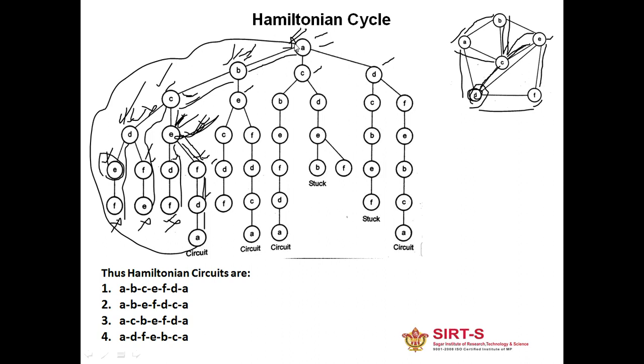Circuit means cycle. So we have started from A and we'll come back to A by visiting each node only once. So try to understand, we'll have to take care of vertices, not the edges. There is no requirement of visiting all the edges. We'll have to visit all the vertices. By following this way, we are going to construct the whole tree.